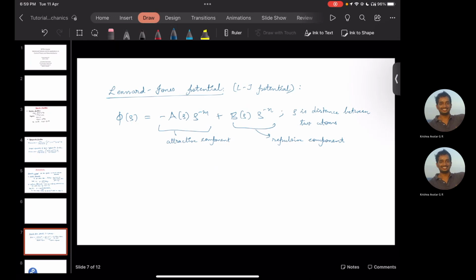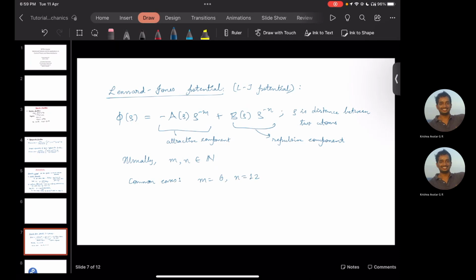Usually m and n are natural numbers, or positive integers. In most common cases, we have m equal to 6 and n equal to 12.